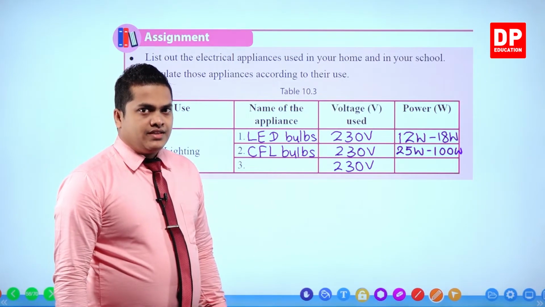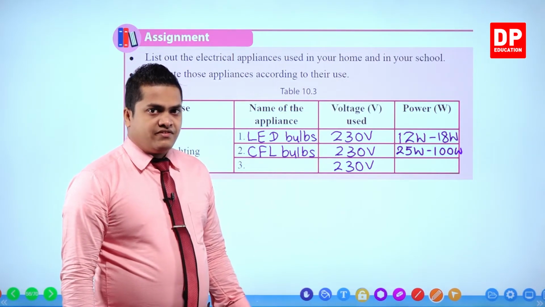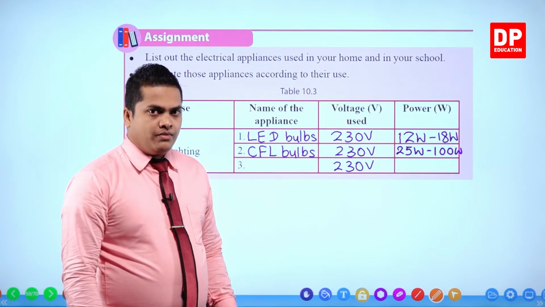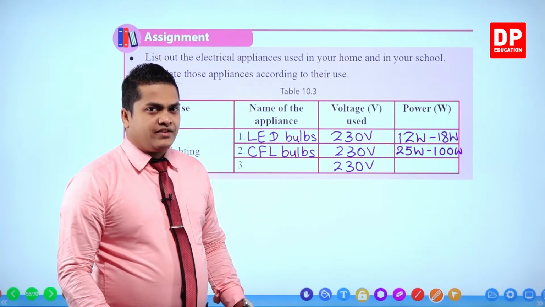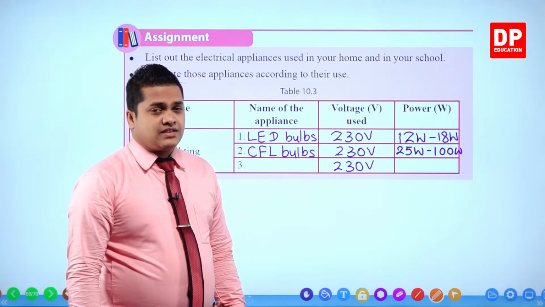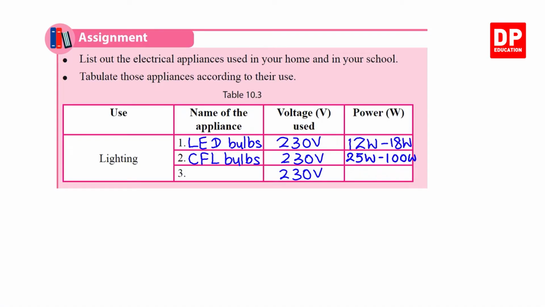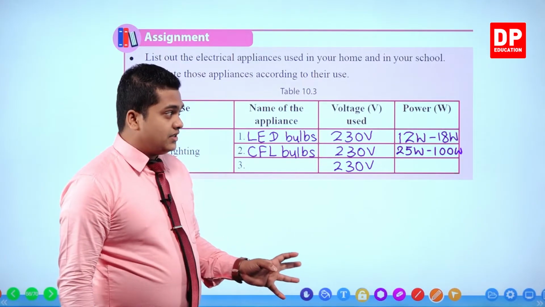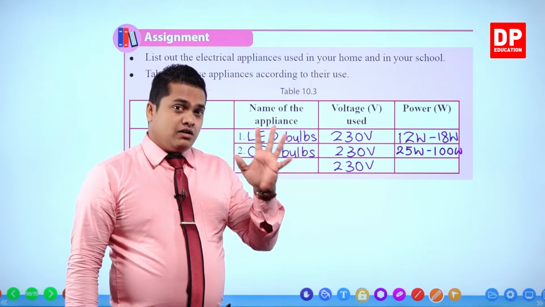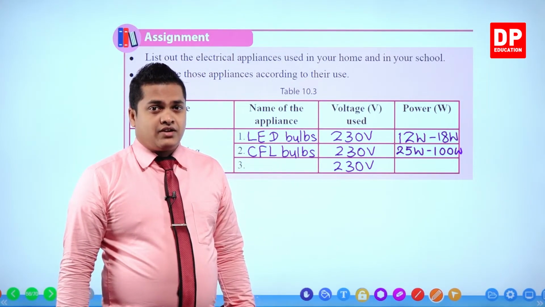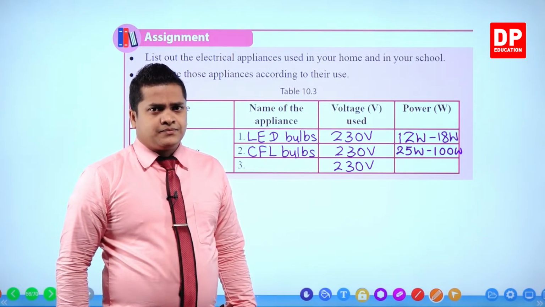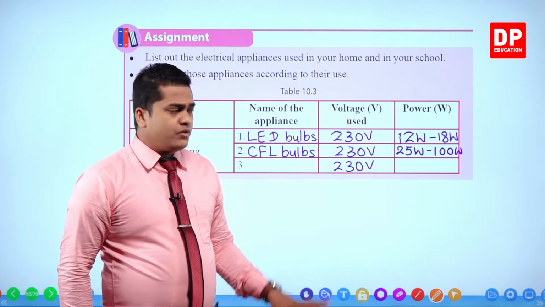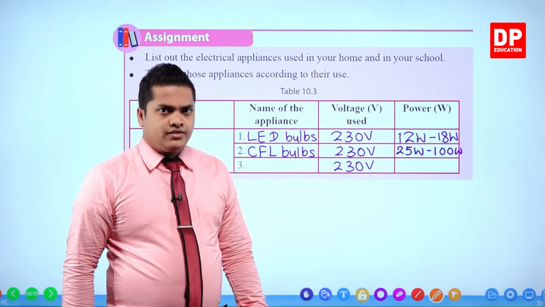Okay, there are even lesser CFL bulbs as well, but normally in our houses we use from 25 to 100. 100 is the maximum for household use. There are way bigger CFL bulbs that use like 650, 700 watt, but we don't use those at our houses. Normally we use from 25 to 100 watt.